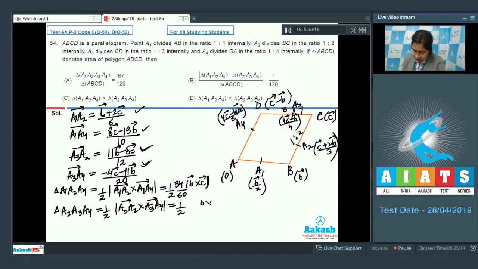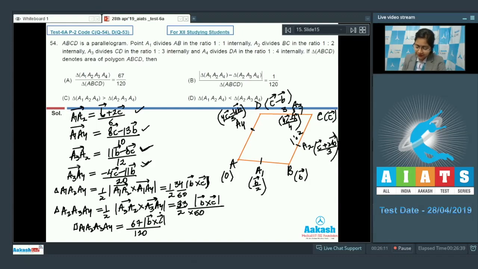That is b cross c into minus 44 minus 88, that is minus 132. So we will get 33 upon 60. Now the area of quadrilateral A1, A2, A3, A4 will be equal to the sum of the above two, that will be equal to 34 plus 33, that is 67 upon 120 into b cross c vector.